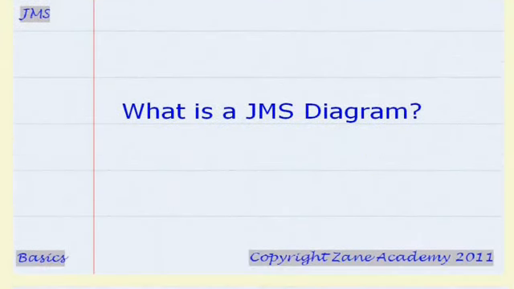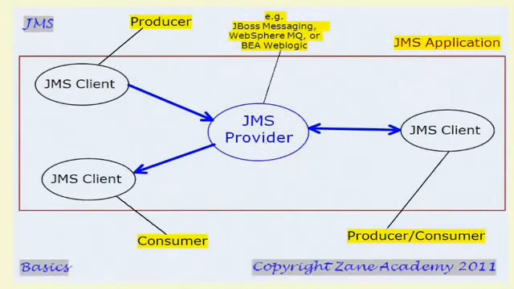Let's do a quick JMS diagram to talk about the different actors in a JMS application. We have a JMS producer, which is essentially a Java application. It's a JMS client that is producing messages, that is sending those messages.